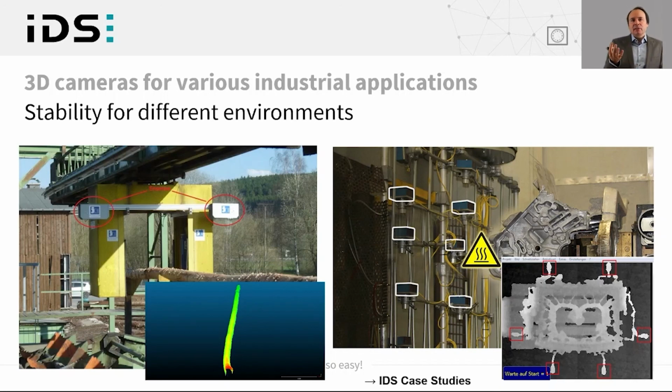And on the right-hand side, it's the opposite. It's a very hot area, or at least a room with a lot of temperature change in it, looking at fresh die-cast motor blocks. In this case, it's to detect the outliers, the remnants of the casting process, to cut them away correctly. You can find more information on the broad areas where our Ensenso cameras, the active stereo principle, lend themselves to in our IDS case studies.